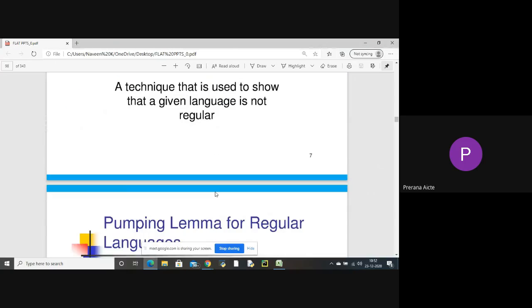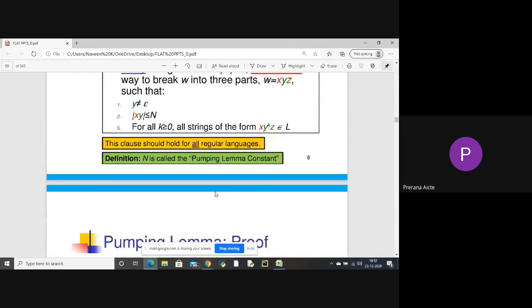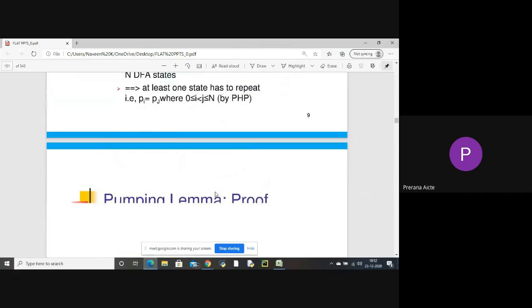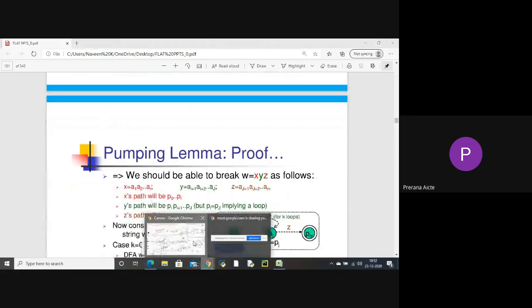Coming to the pumping lemma of regular languages, the pumping lemma theorem is useful to check whether the given language is not regular.